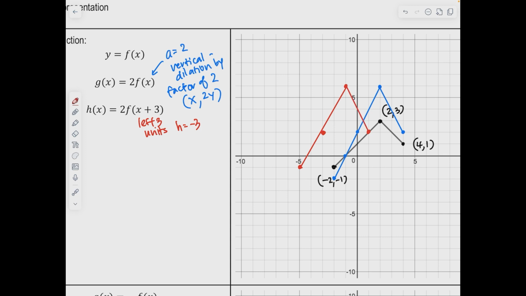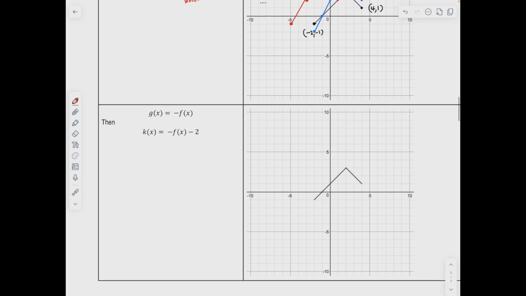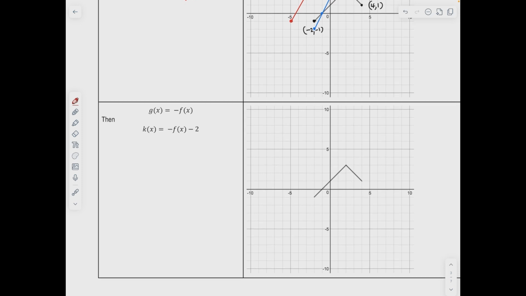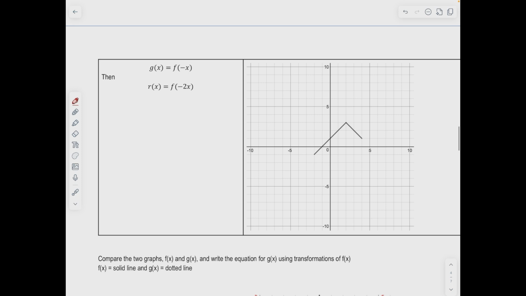And there's my graph. Okay, so that's all we're doing. So try the next two. Okay, you got your graph, you got a reflection and a shift, and then for this last one, you got a reflection and a dilation. Okay, so give it a try. Let's see how we do. Pause here, and then we will try to see how we did.